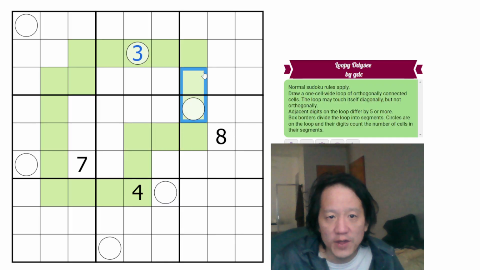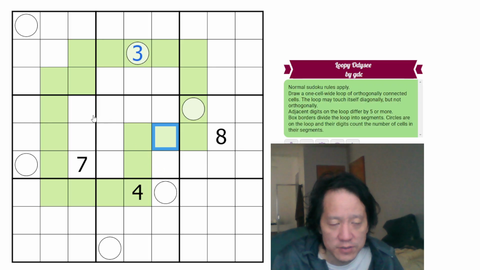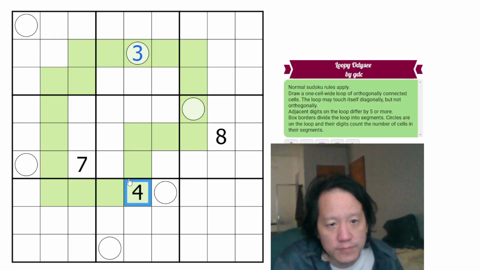So one thing is the box borders divide the loop into segments.